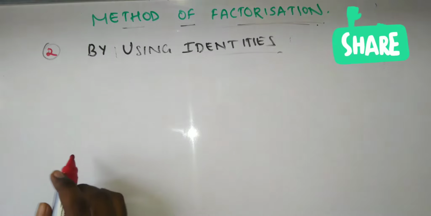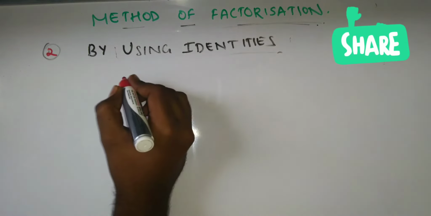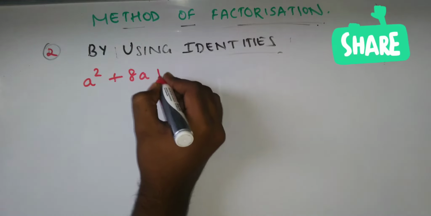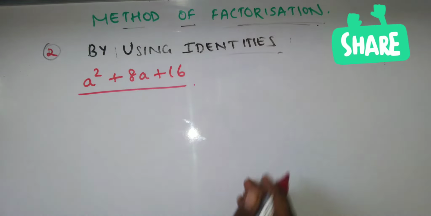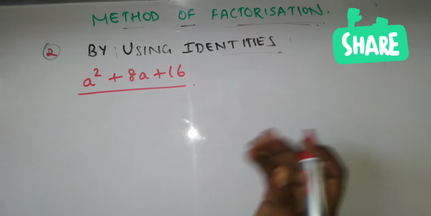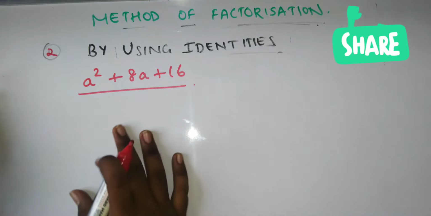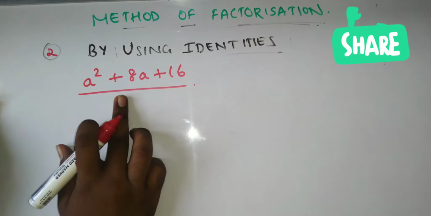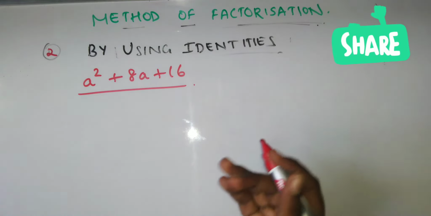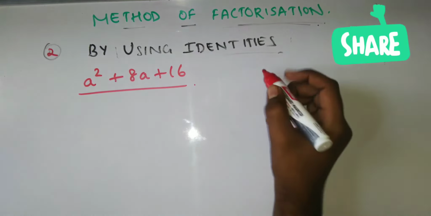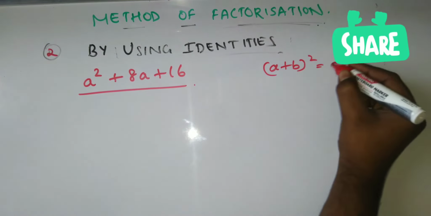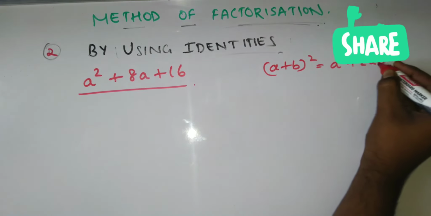So let us take one example over here: a square plus 8a plus 16. In this method you have to see and understand, by seeing the identities, what you have to do here. Among the four identities, (a plus b) the whole square is a square plus 2ab plus b square.